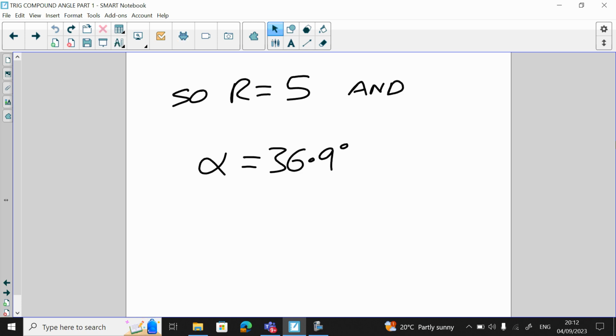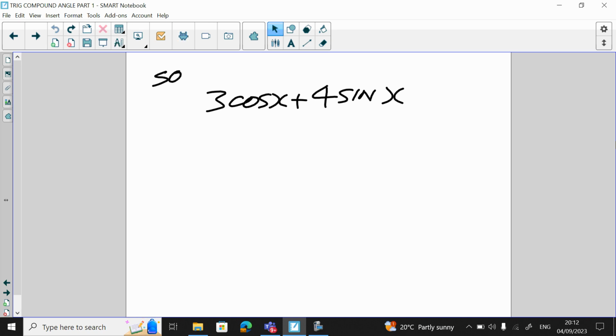So, in terms of this little problem here, R is 5 and alpha, sometimes called the phase angle, people call it different things, doesn't matter, is 36.9 degrees. So overall, what we had here, when we're adding the two initial sines and cosines together, and I stipulated the format we wanted, sine x plus or minus alpha, it's plus alpha.